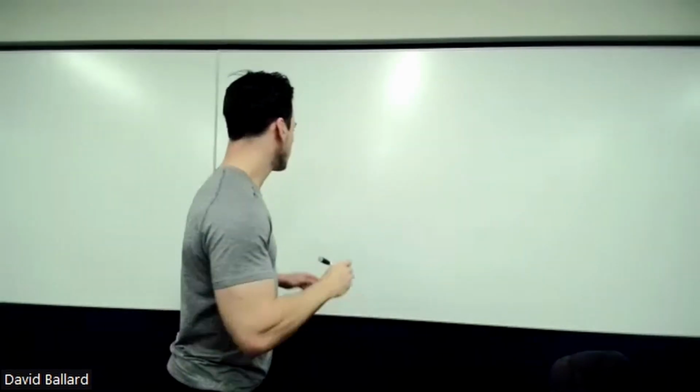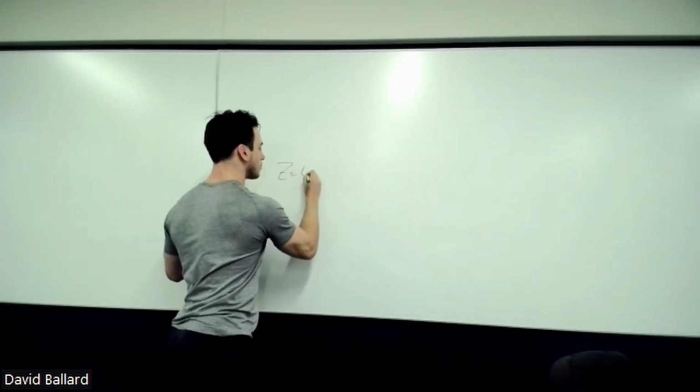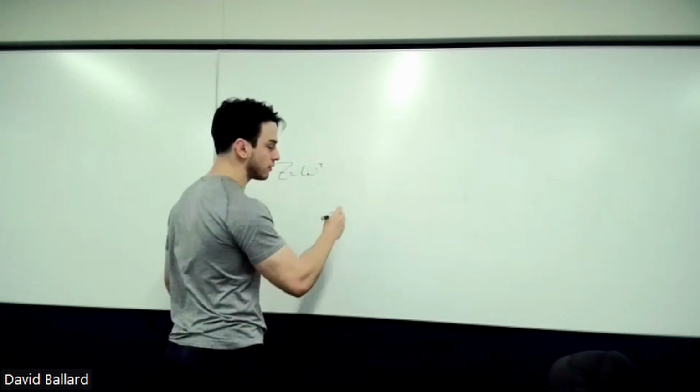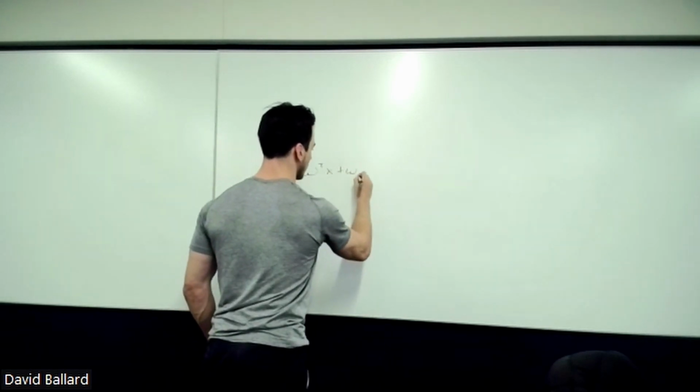So we know what Z is. Z is equal to your weight matrix transpose times X plus omega naught.